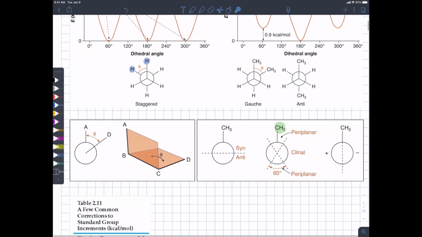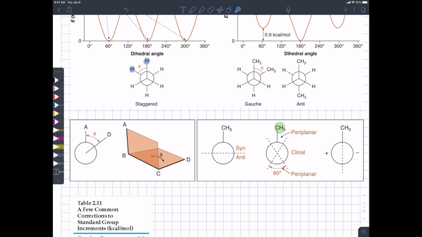A couple other terms that you may encounter for dihedral angles. Basically, there's a 50-50 line. If you're on this side of it, you can call the groups syn to each other, and if you're on this side, you can call them anti. If you're within plus or minus 30 degrees of vertical, you can call that periplanar. That means occupying the same plane.